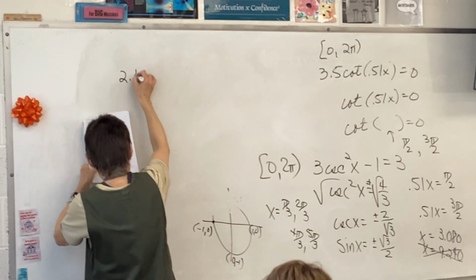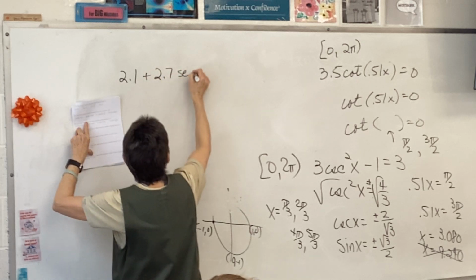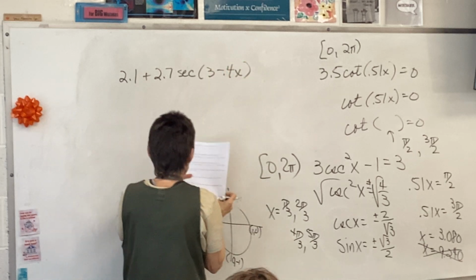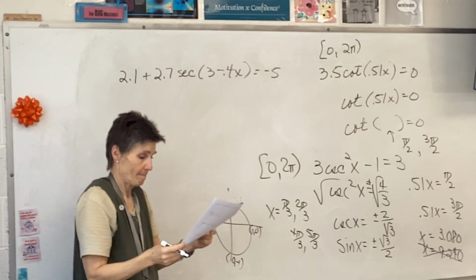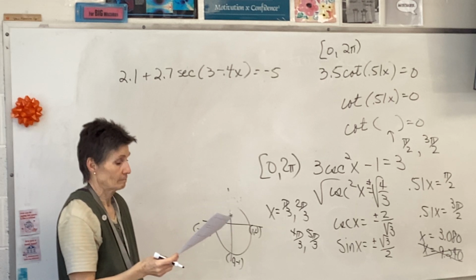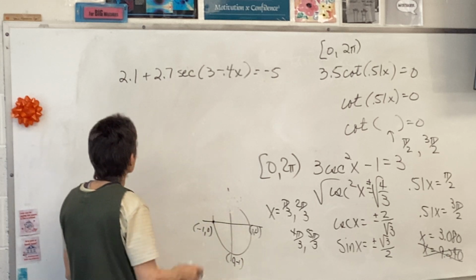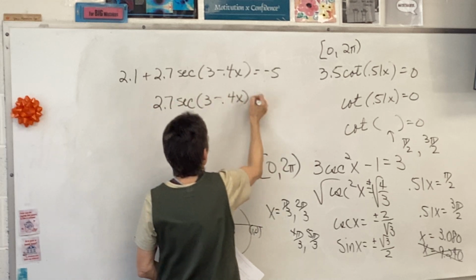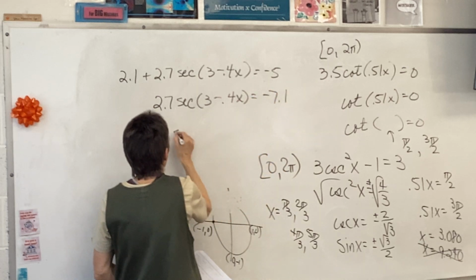So 2.1 plus 2.7 secant of 3 minus 0.4x, where it equals negative 5. All right, so probably we should subtract negative 7.1 and divide.